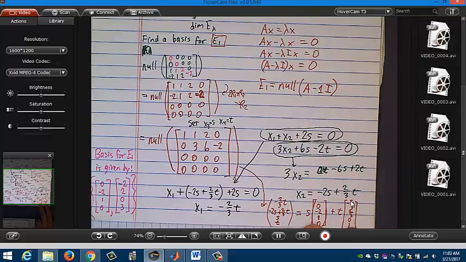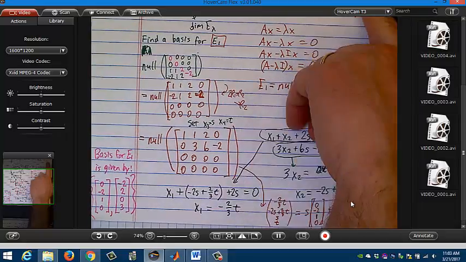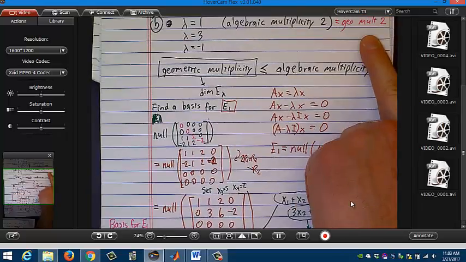I mean, I could have given you these two. I just didn't want fractions. So I guess this is interesting. The basis is not unique. There are infinitely many bases.